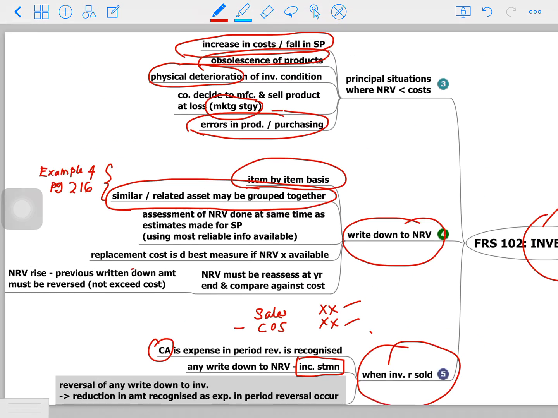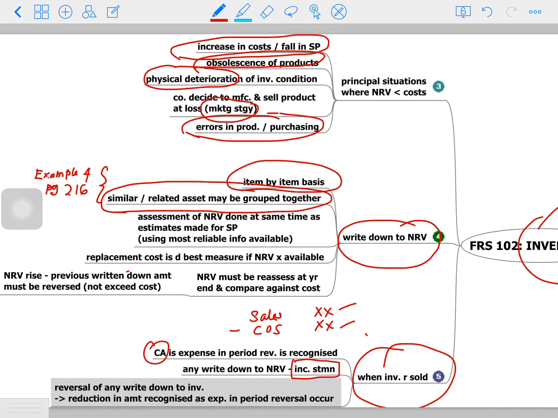Reversal of any write down, this is if we have a reversal. Earlier we wrote down, then we see it rise again. We have to reverse it. Reduction in the amount recognized as expense in the period the reversal occurred. But you don't need to worry too much about that. What you need to worry about is how to value inventory in the closing stock. It should be valued at cost or net realizable value, whichever is lower. So that is usually what comes out in the final exam.